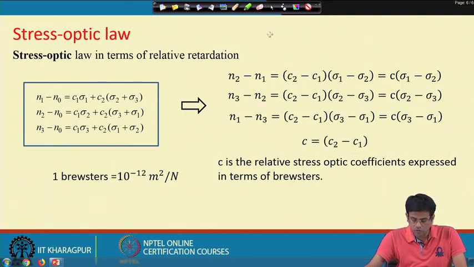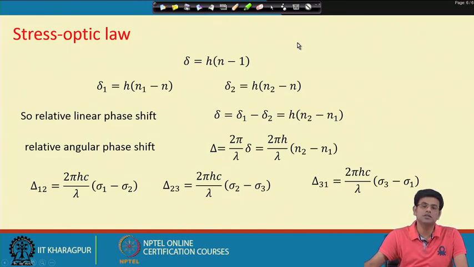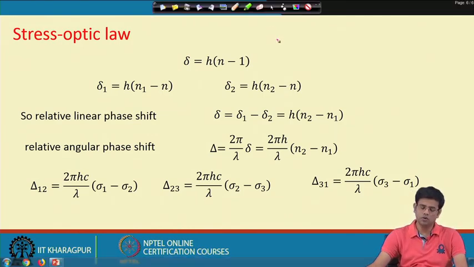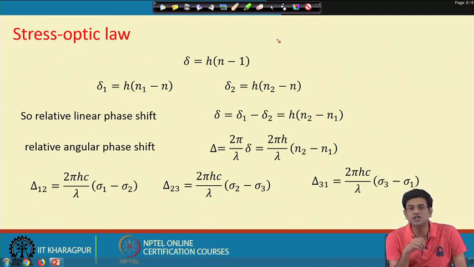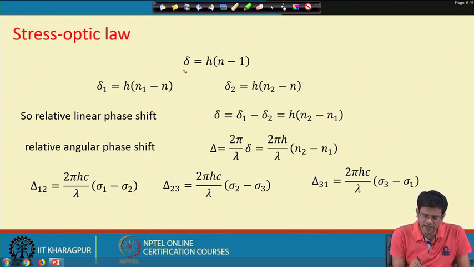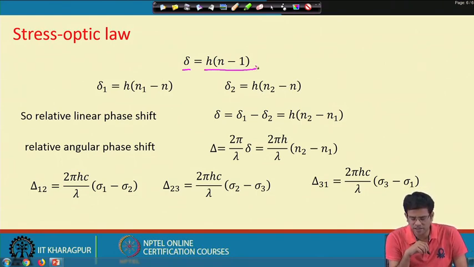Once we know this, we can also find out how the retardation is expressed. As we know from the phase shift going from air to the material, if the refractive index is n, then the linear phase shift delta can be expressed in terms of this.